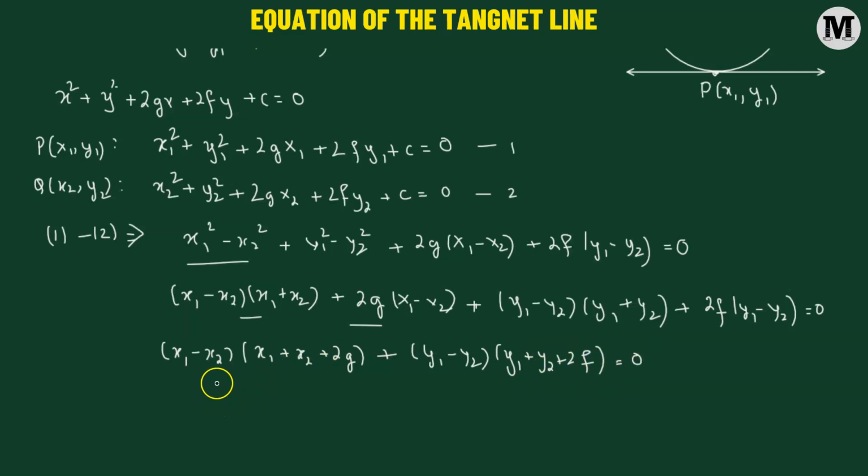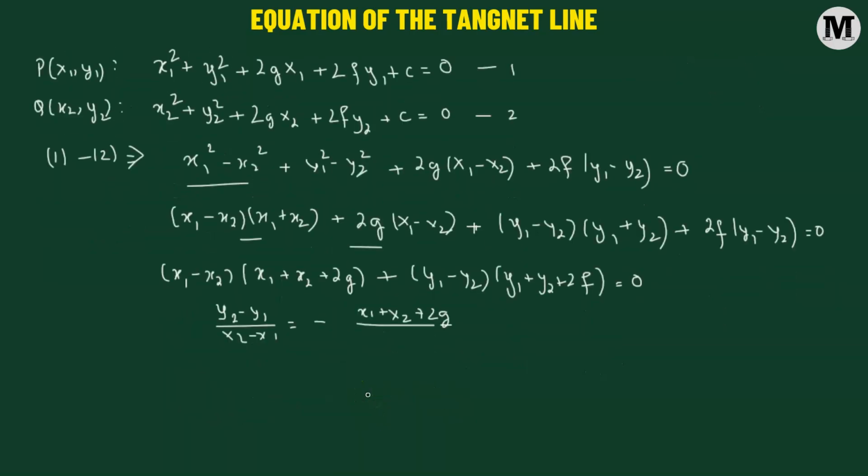So here, if we rearrange the terms, we get the expression y2 minus y1 divided by x2 minus x1 equals negative times x1 plus x2 plus 2g divided by y1 plus y2 plus 2 times f. Okay, so we're going to label this as equation number 3.